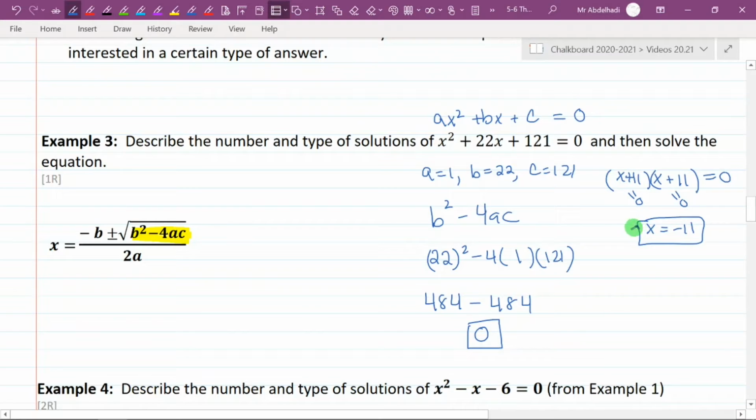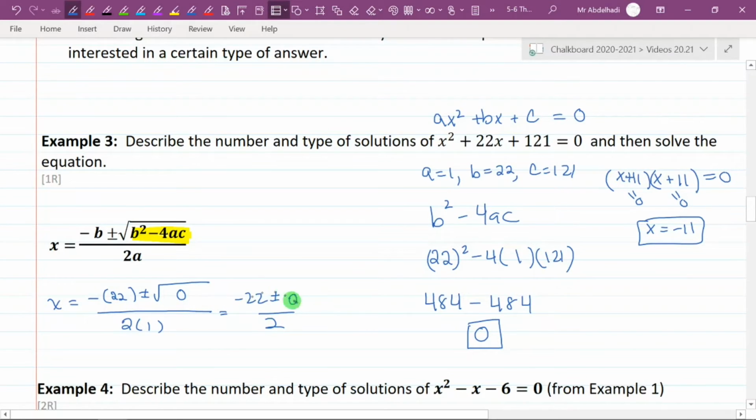Now, we solved it by factoring, but just to prove to you that this works both ways, we could have also used the quadratic formula here. So negative b, this is the substitute step, is negative 22, plus or minus the square root of b squared minus 4ac, we already know is 0 because we already did it, over 2 times a, which is 2 times 1. So what we get is negative 22 plus or minus 0, the square root of 0 is 0, over 2.